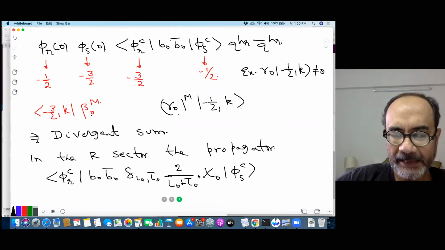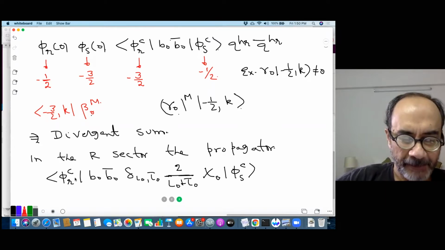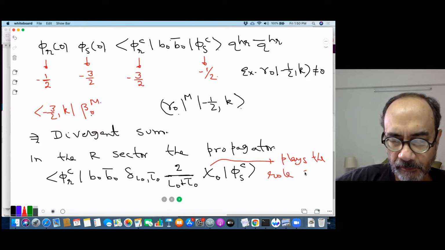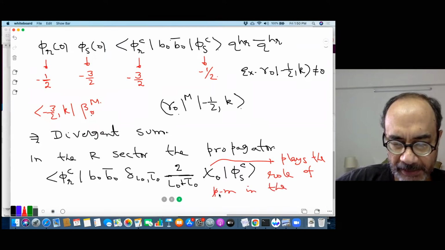So this chi 0 plays the role of this p slash minus m because these are fermionic states. This plays the role of p slash minus m, or p slash plus m, it depends on your convention, in the numerator of the Dirac propagator.